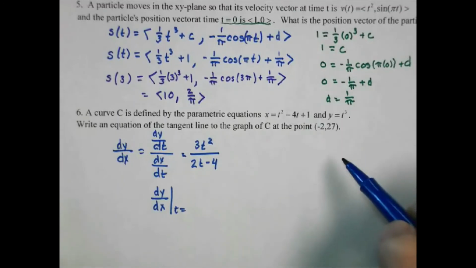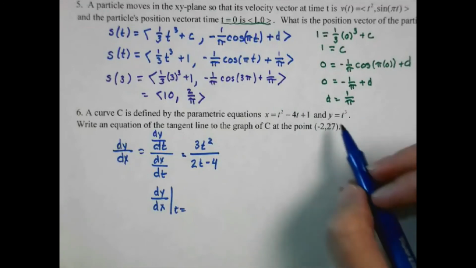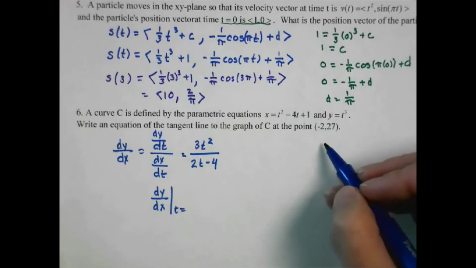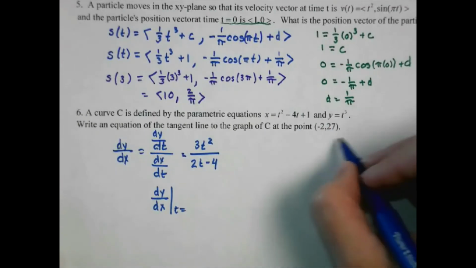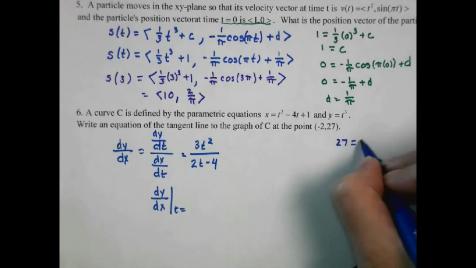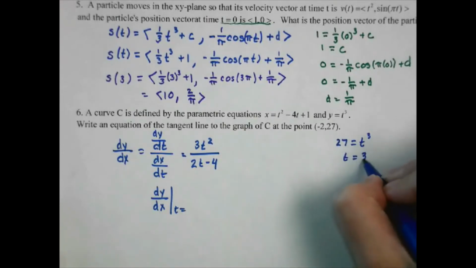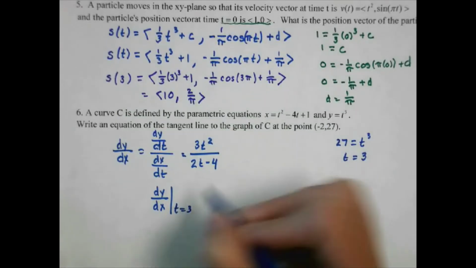So we're going to use those, and I can use either equation. The y seems to make sense in my head, but you can use either of them. But if 27 equals t cubed, what's our t value? T is 3 there. So t is 3.